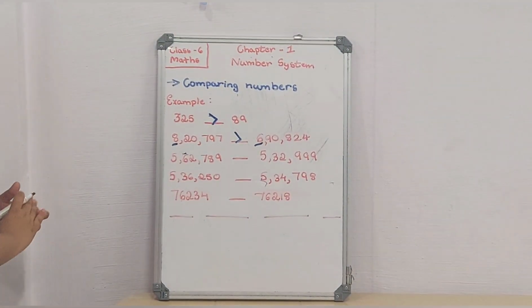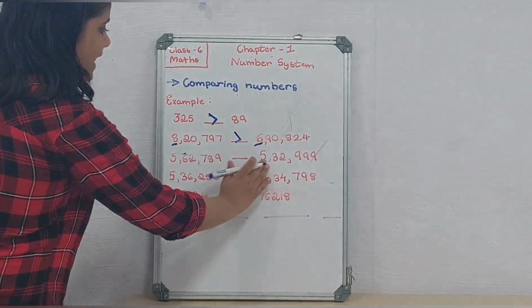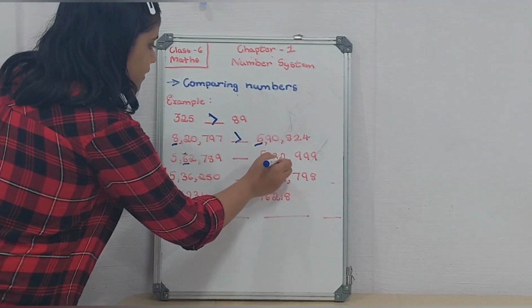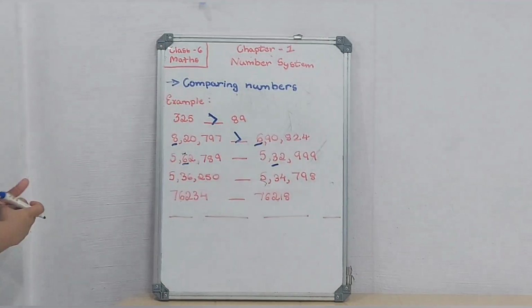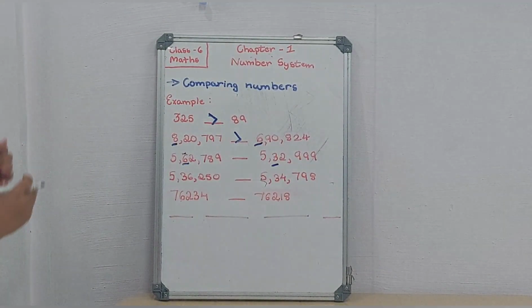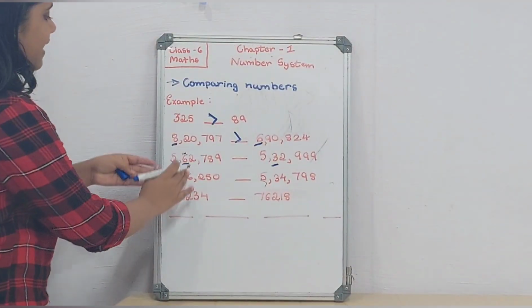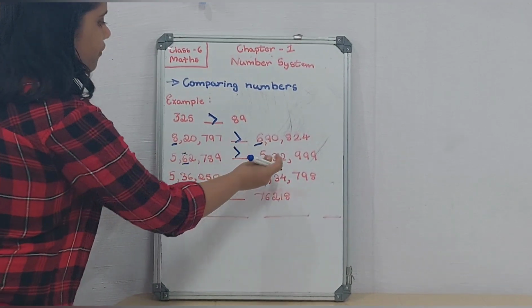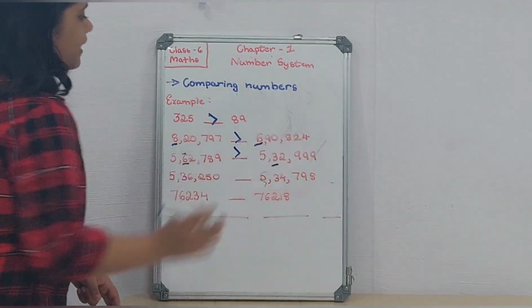So of course you have to see the next place, the second leftmost place. Here we have 6, here we have 3. So which is bigger, 6 or 3? Of course 6. So 562,789 is bigger than 532,999.